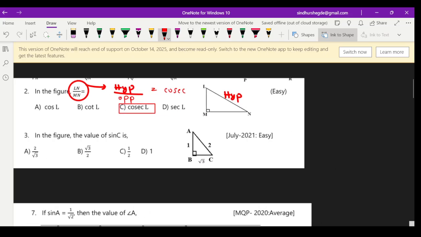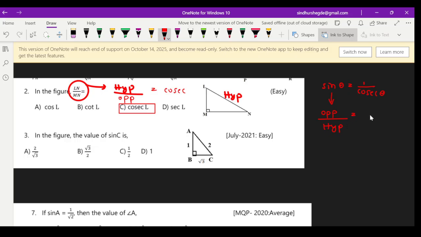We can verify this answer by using, what is sine theta? Sine theta is nothing but 1 by cosecant theta, and sine theta is basically opposite side by hypotenuse.